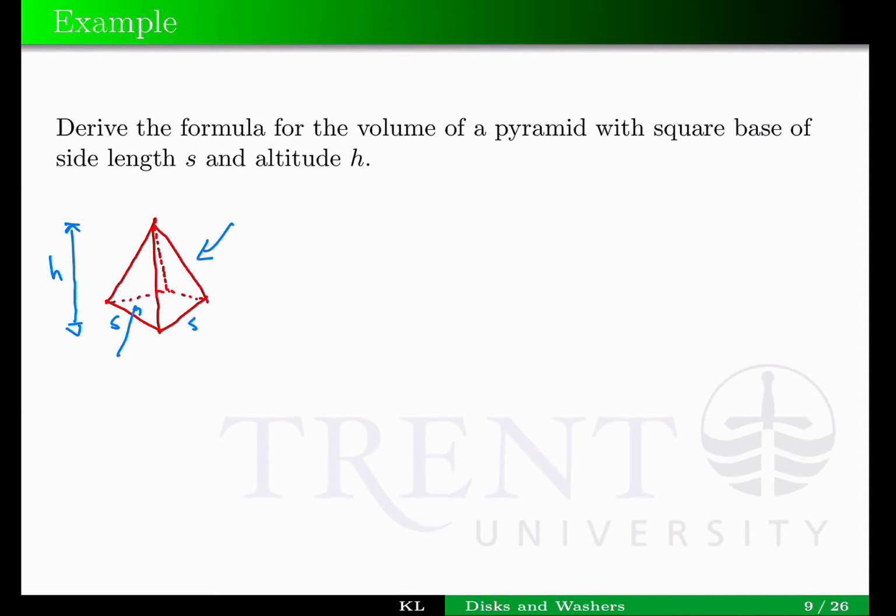So for example, if we put this in the Cartesian plane and we are looking at, say, this face here, then what we see in front will be a triangle that looks something like this. Here, the height, of course, will be equal to h. Since we are looking at the face, this one here is s. So this one here will be s.